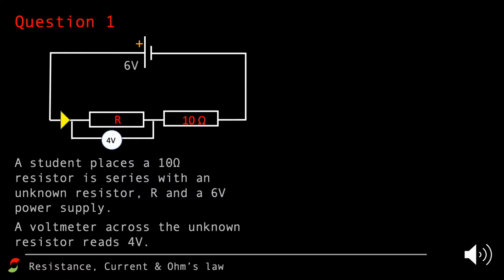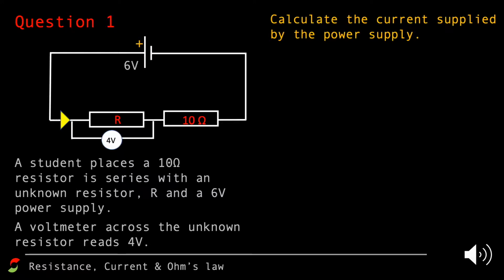And just telling us that we've got a voltmeter across an unknown resistor and it reads 4 volts. And what we're asked to do is calculate the current supplied by the power supply. So the problem with this is that students would do the following.